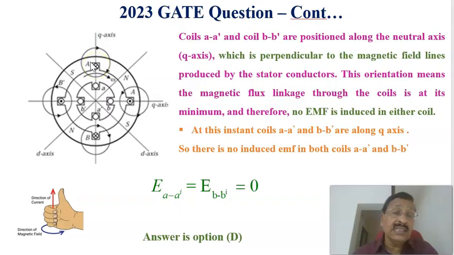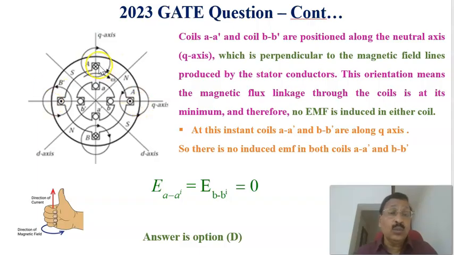Therefore the magnetic field produced by that current is in this direction, as given by the right hand thumb rule. Similarly, in this case the current is going out, so the corresponding magnetic field is in this direction. Therefore this is the clockwise direction and this is the anti-clockwise direction. These are the directions of the current through the stator.